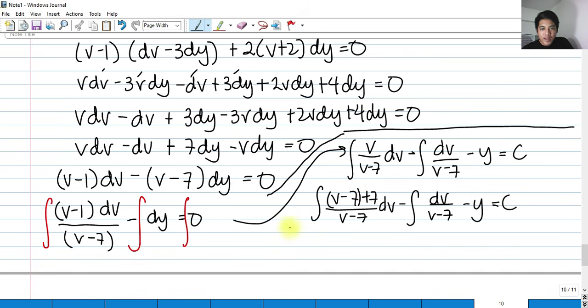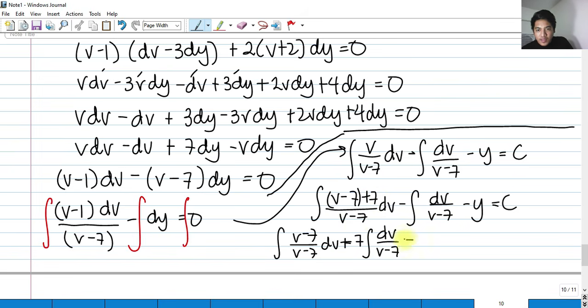So, I can again separate the integral of the numerator v minus 7 dv, plus factoring out the 7 outside the integral, dv over v minus 7. I hope you get this part. We just split the numerator and factor out positive 7 outside of the integral sign.